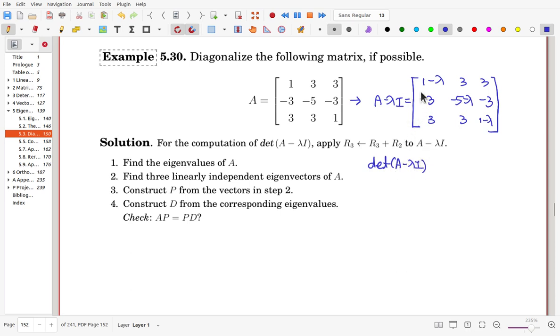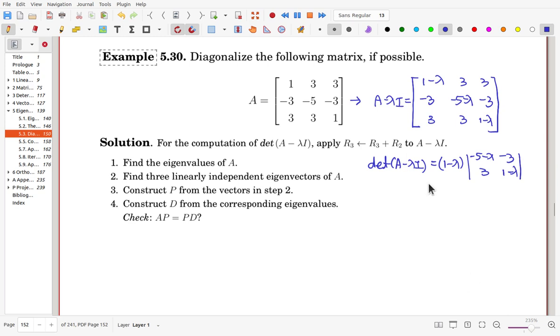So we'll do cofactor expansion for the first column, and that is 1 minus lambda times the determinant of the corresponding submatrix, which is this portion: minus 5 minus lambda, minus 3, and 3, 1 minus lambda.